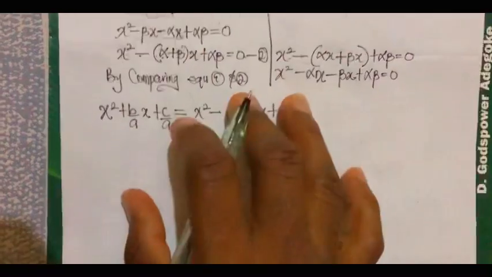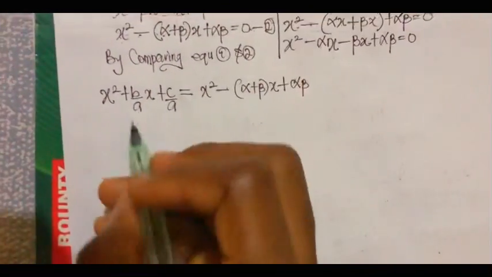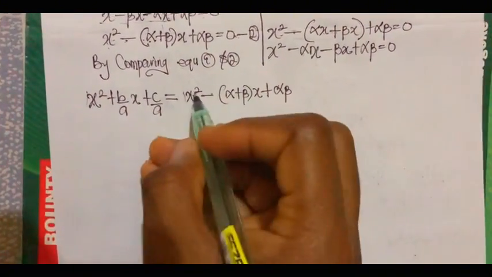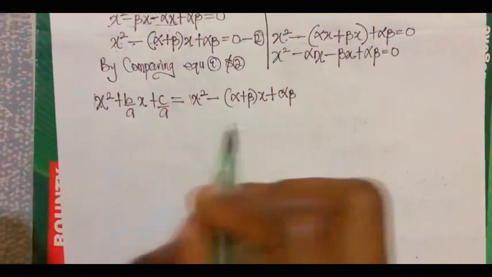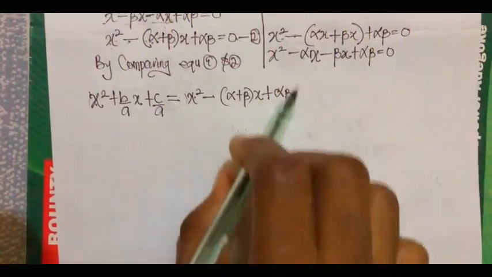You equate them so you can compare them. No need to put equal to 0, since both of them are equal to 0. Now if we compare this and this, the coefficient of x squared is 1, so it's more or less insignificant. So let's work on the x expression and the constant expression.